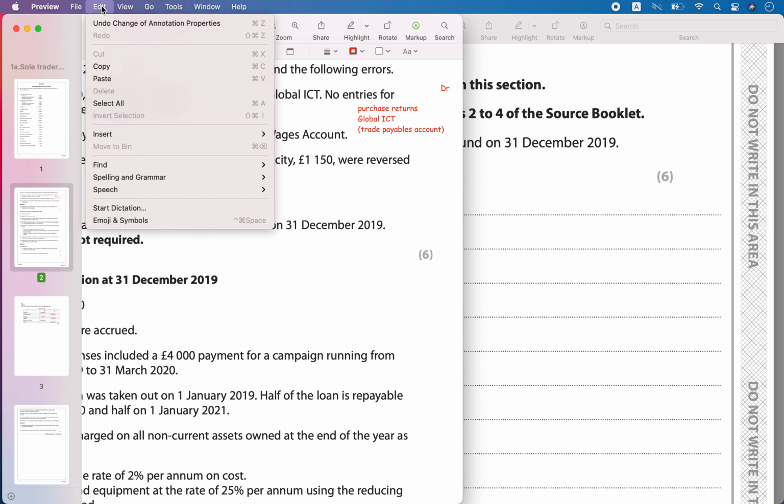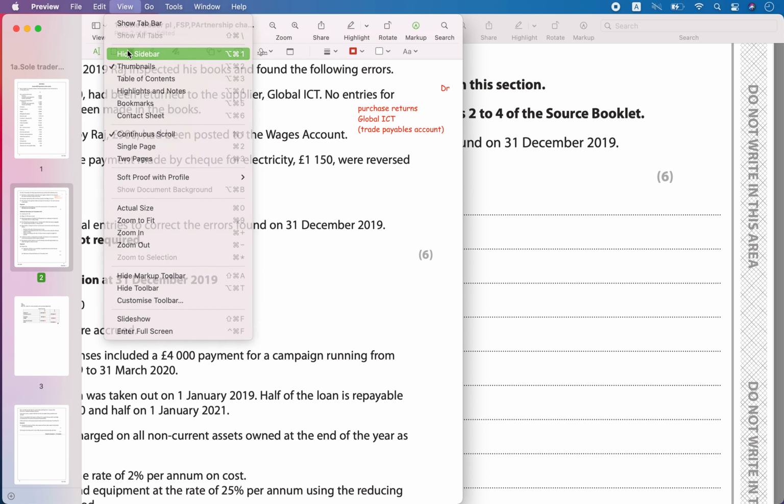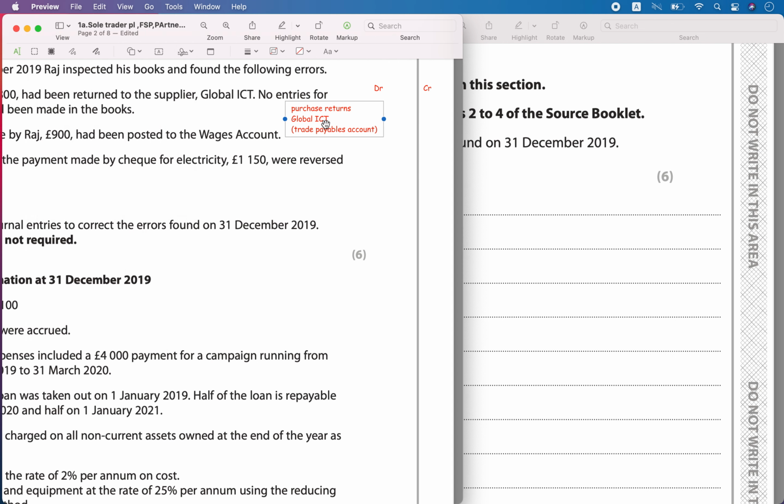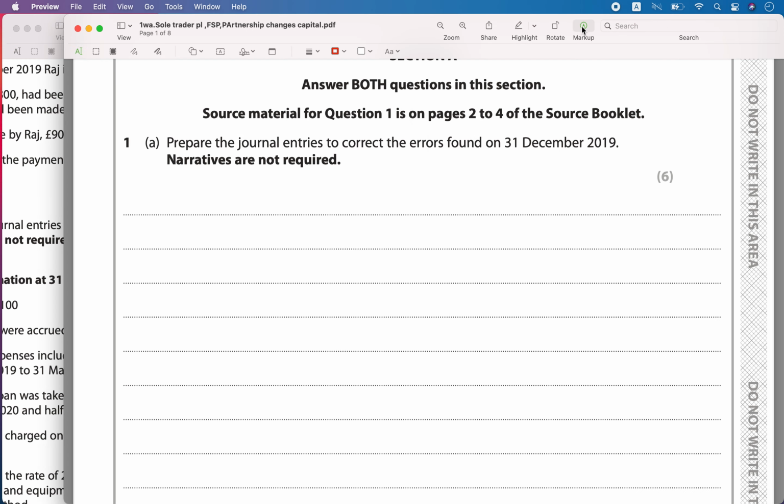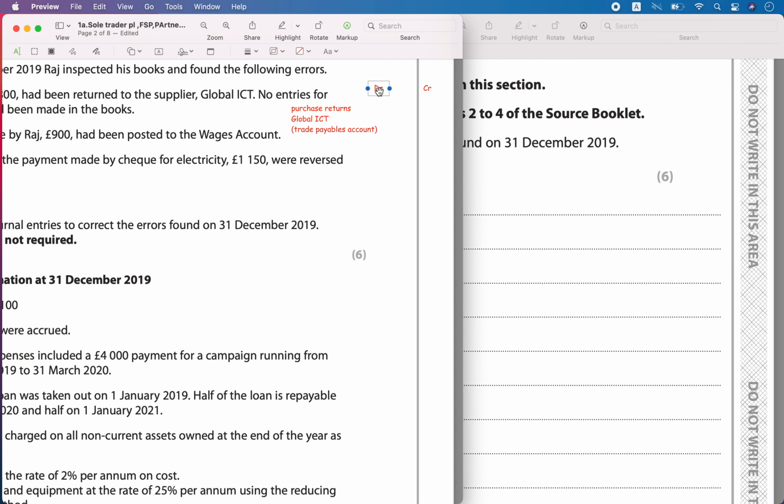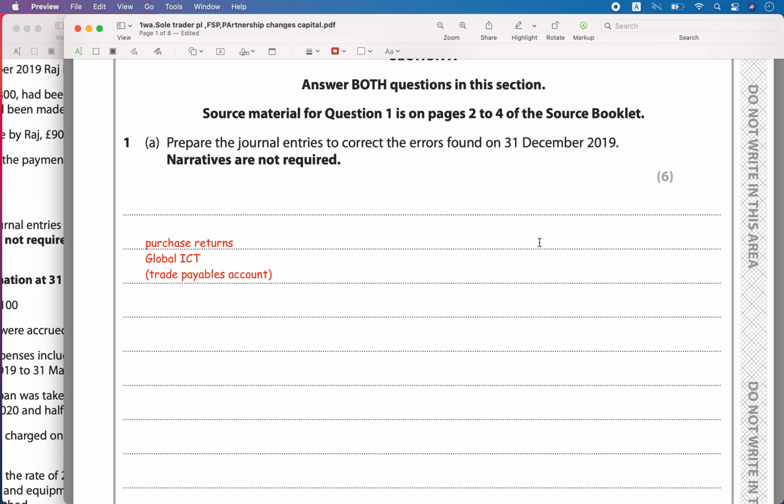So let's write in the answer book. I'm just going to copy these two in the answer book. The first correction: because the entries are missing, we have to make the right entries in the purchase returns account and Global ICT account.